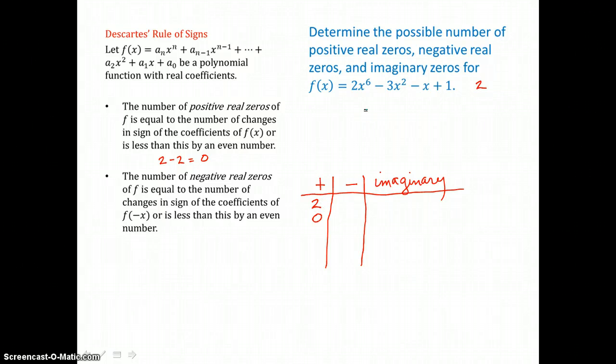Okay, now we need to test for negative real zeros, so we have to look at f of negative x to do that. So in our function we substitute negative x in for x and simplify.